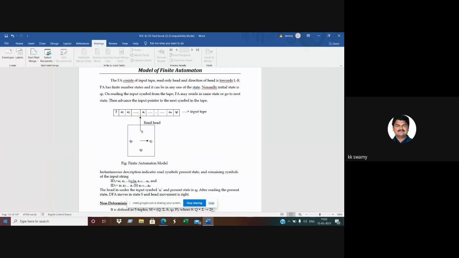What are the rules for deterministic finite automata? From every state on every input symbol, a path is required. Then only it is called deterministic finite automata.